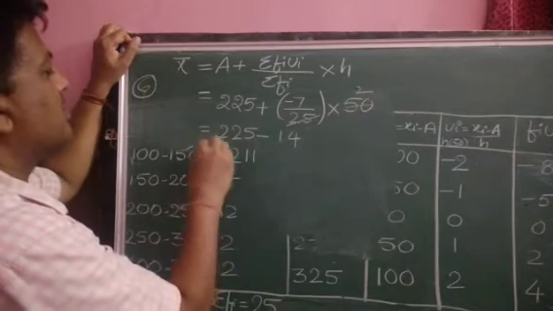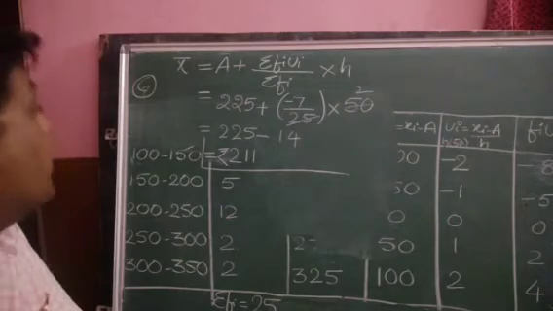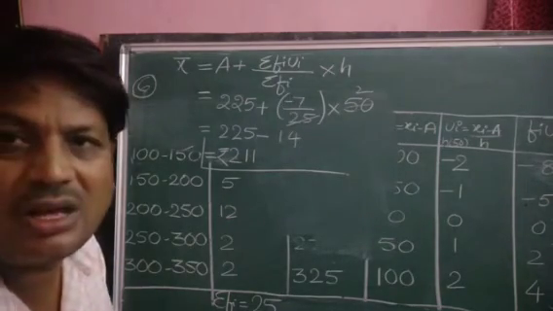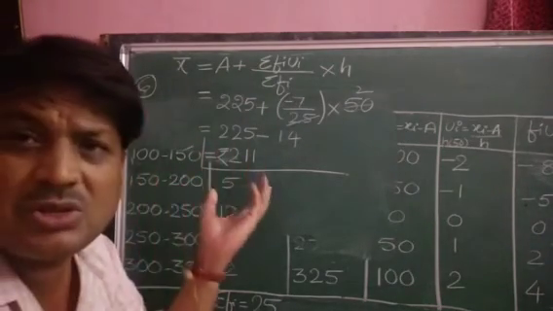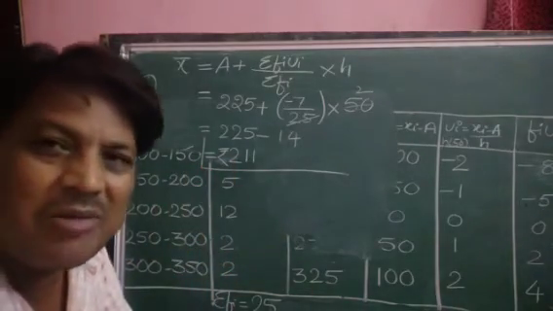That is rupees 211 is the mean of whatever the expenditure was. So you write rupees 211 is the average.